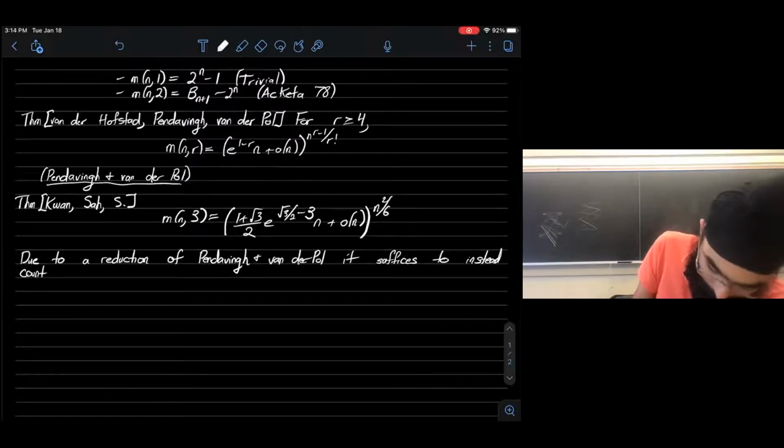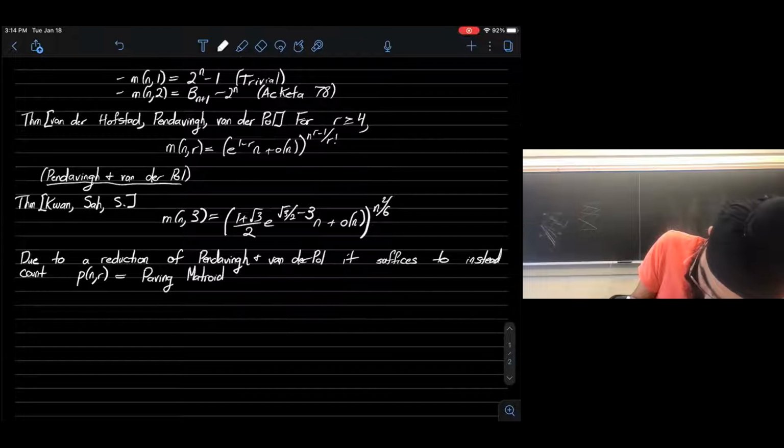Count PNR, which is the number of paving matroids on n elements.